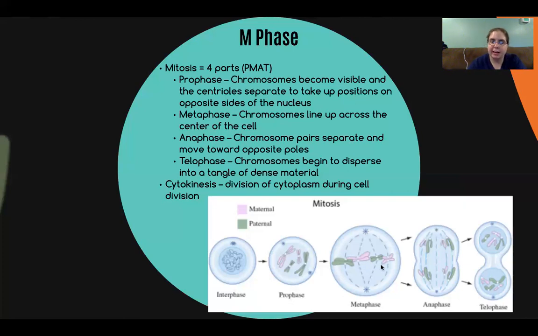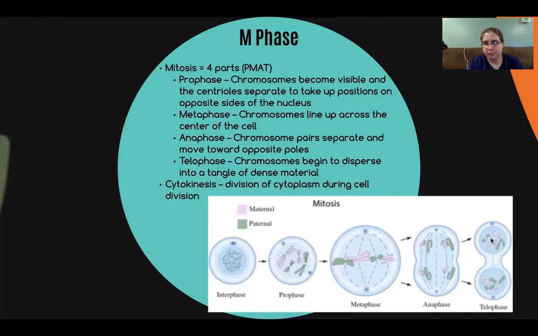Now we're going to switch to anaphase. The centrioles pull on the spindle fibers, causing the spindle fibers to pull on the chromosomes. When they pull on the chromosomes, it's going to cause the centromere to split, separating the sister chromatids. It'll continue pulling those sister chromatids to opposite ends of the cell.